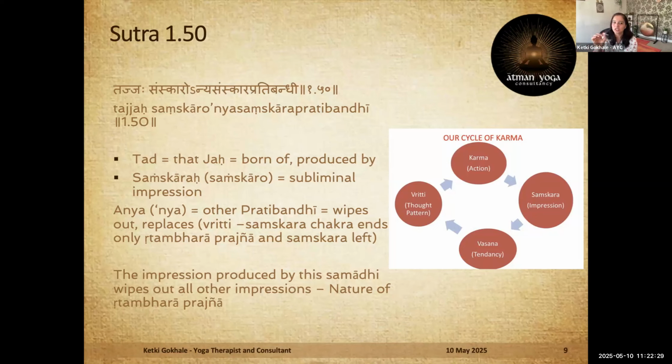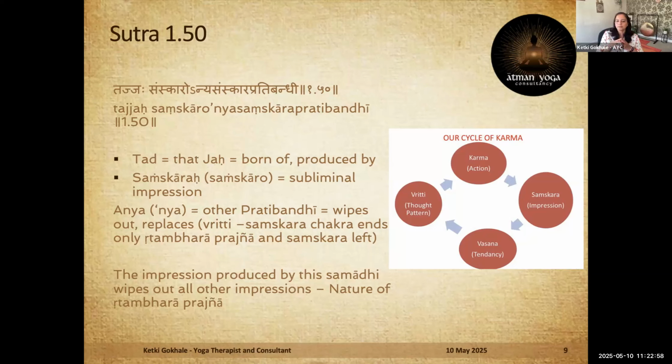Tad, that, jah, born of or produced by samskara, subliminal impressions. Anya, other, pratibandhi, wipes out, replaces. The vritti samskara chakra ends only with Ritambhara Prajna and its samskara left.